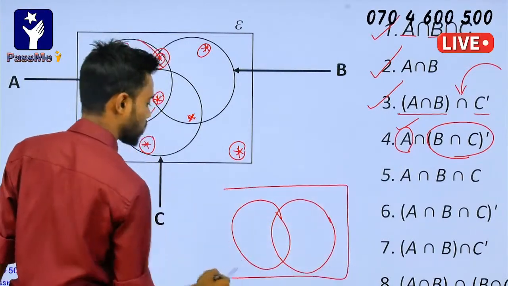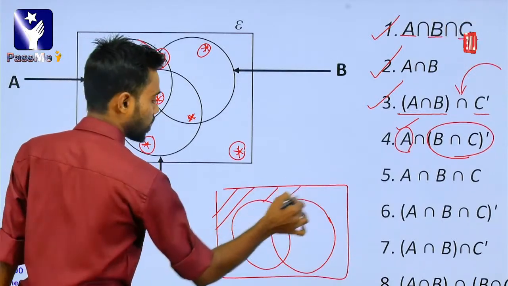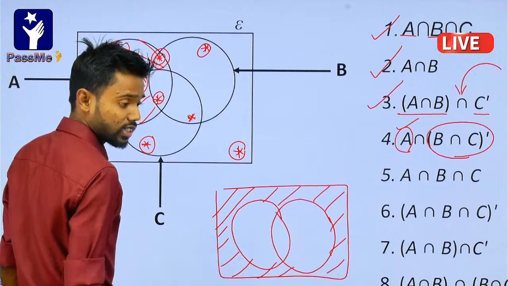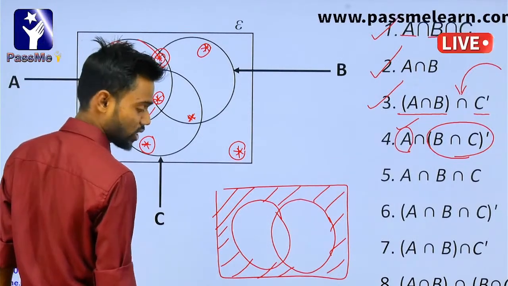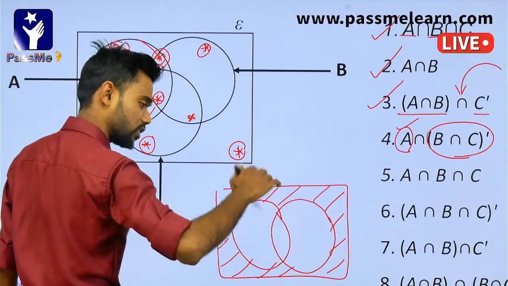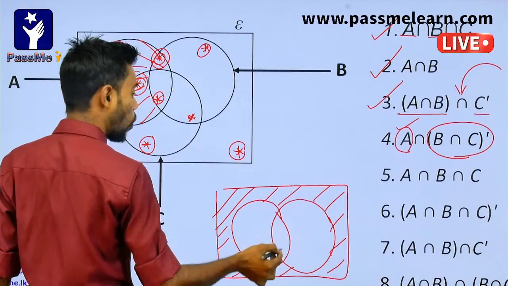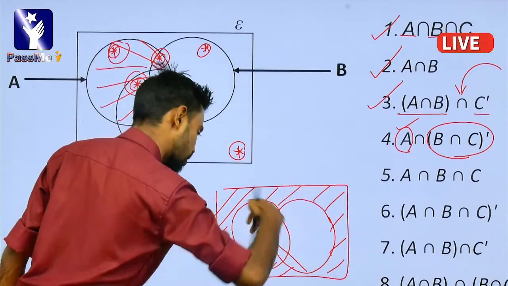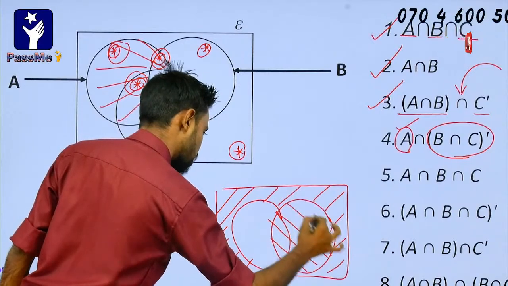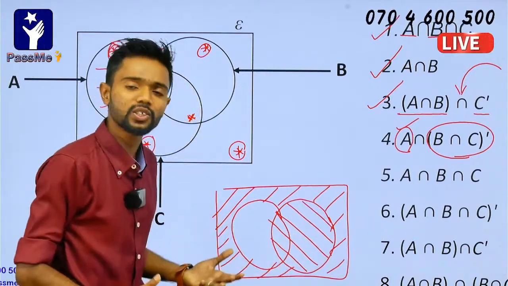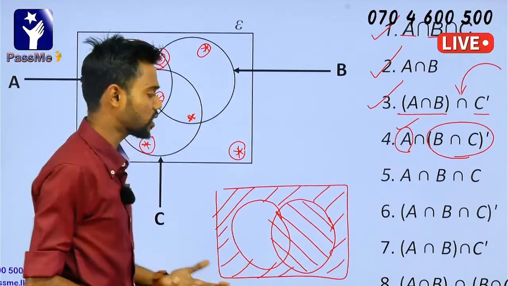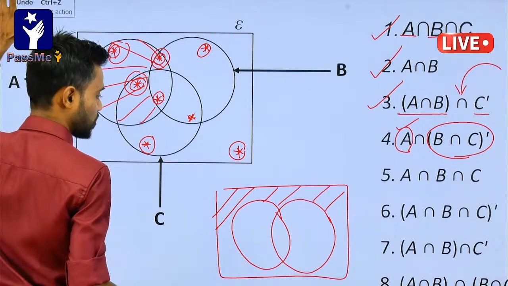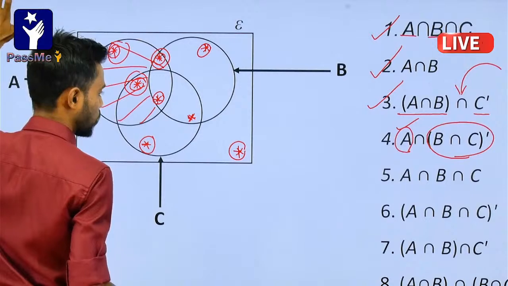If you have two circles, first this is the region, so you shade this one like this. If there's another region you want to shade, you can change the color, or if you don't have any color pen, you can use the other direction like this. That is the usual practice for all the students learning the set shading part in school or any other classes.